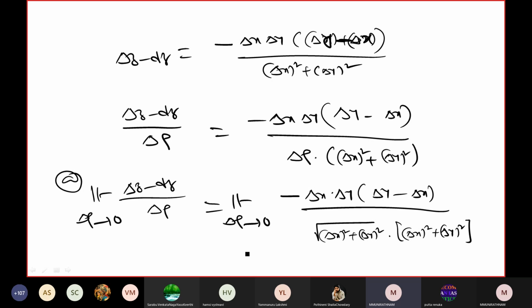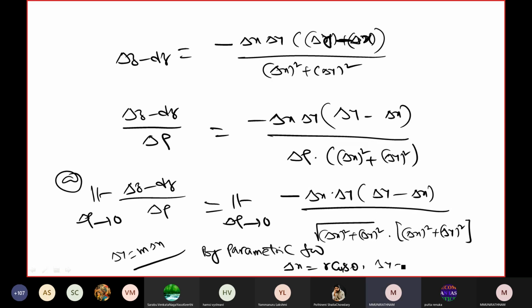I will take the parametric form. You can also take delta y equal to m times delta x, as you wish. Taking the parametric form, delta x equal to r cos theta, delta y equal to r sin theta, then delta rho will be r.